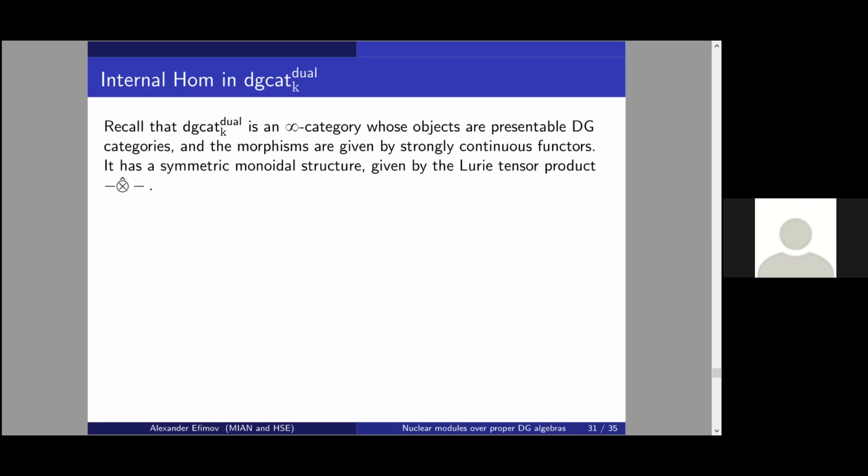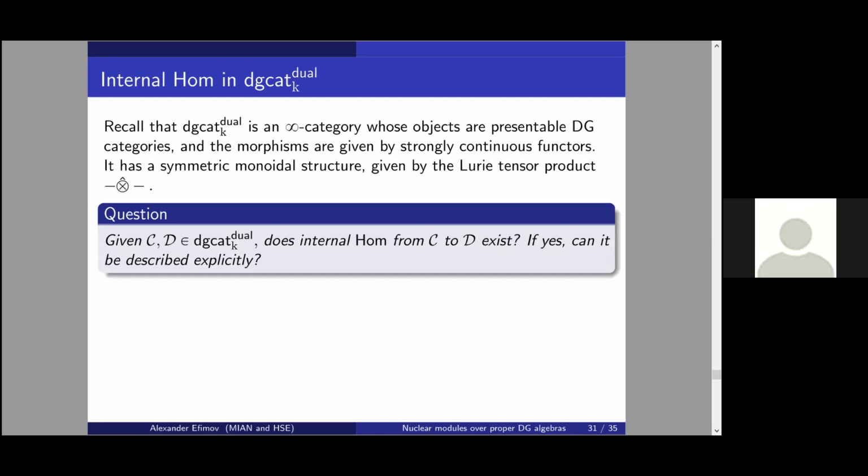Then it still has the same symmetric monoidal structure given by the Lurie tensor product, because the tensor product of two dualizable categories is again dualizable. And now we can ask the naive question: in this symmetric monoidal category, given two dualizable categories C and D, does the internal hom from C to D exist? And if yes, can it be described in some explicit terms?